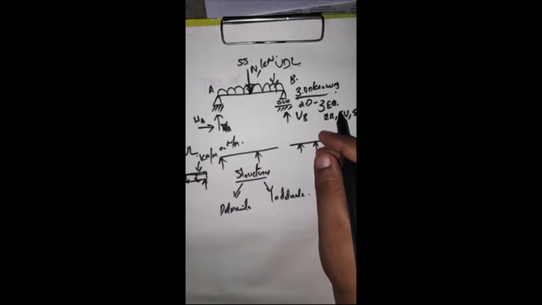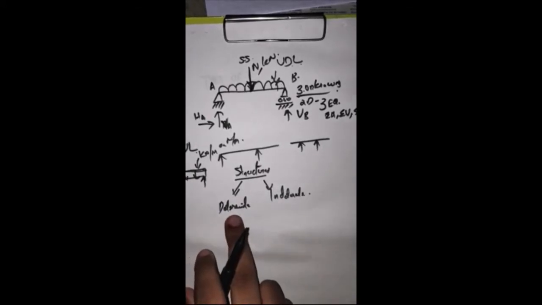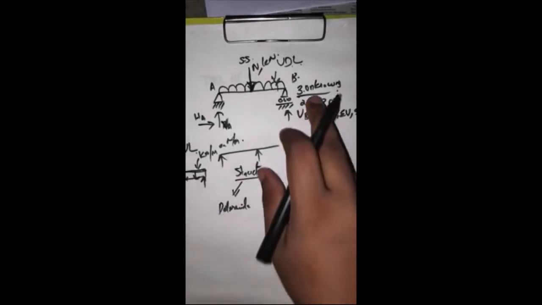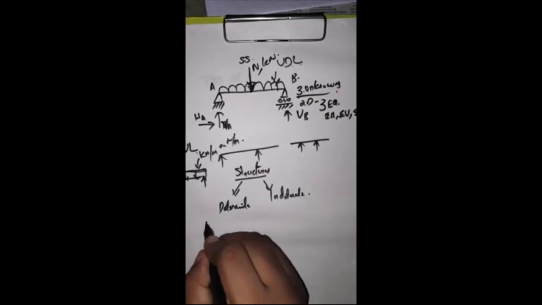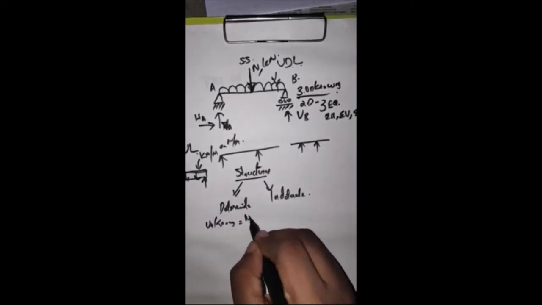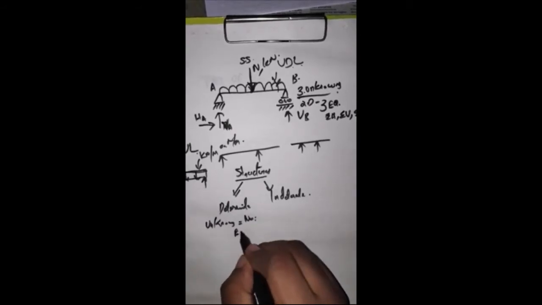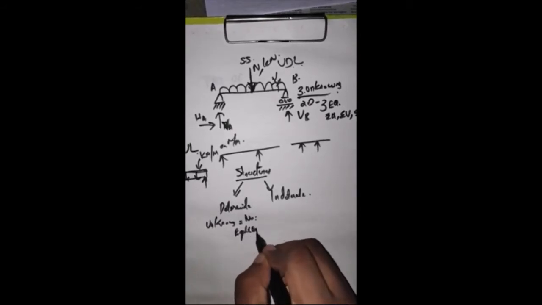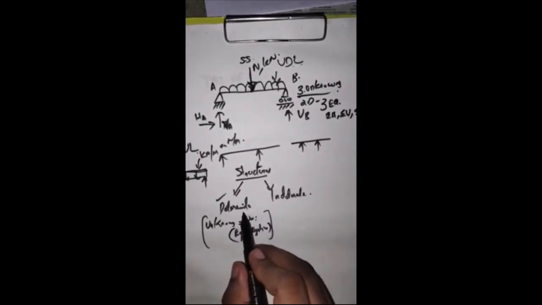So a structure where the number of unknowns is equal to the number of equilibrium equations is known as a determinate structure.